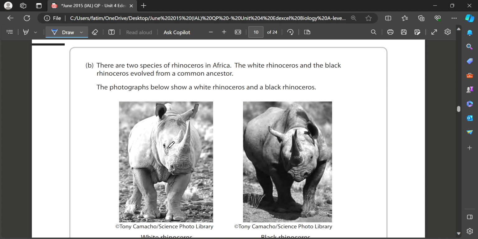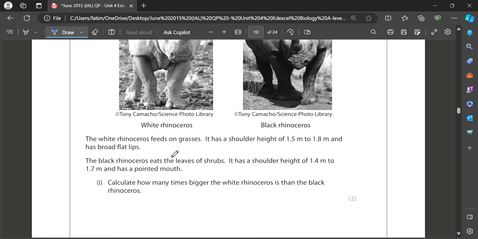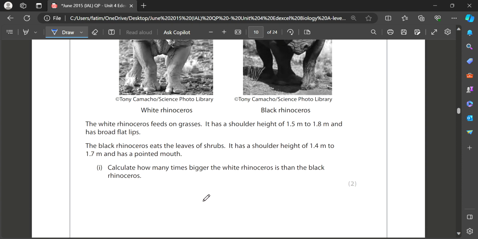Over here, just by looking at the picture, I can tell that this question is about evolution, common ancestors, and how they speciated. That's definitely what's going to come in. So over here, first of all, is this calculation. We need to calculate how many times bigger a white rhinoceros is than a black rhinoceros.